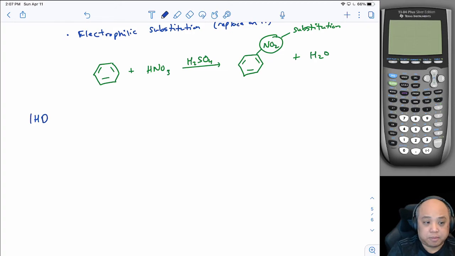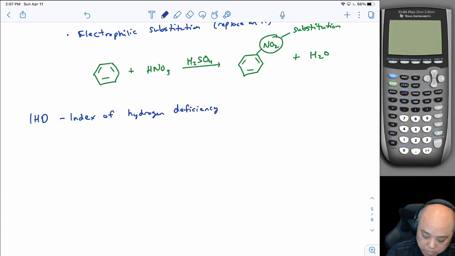IHD and then isomers are going to be our last two major topics for SL, and then we'll go into the HL material. Okay. IHD is index of hydrogen deficiency.